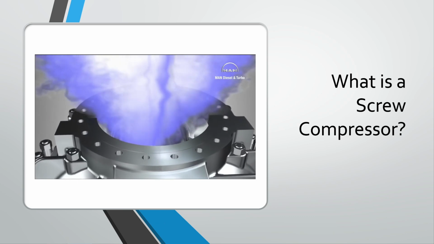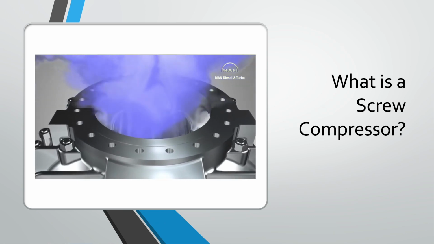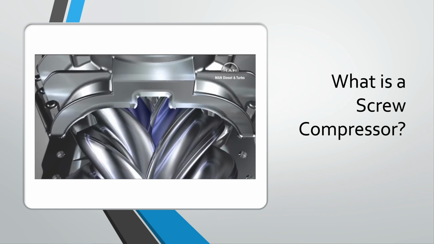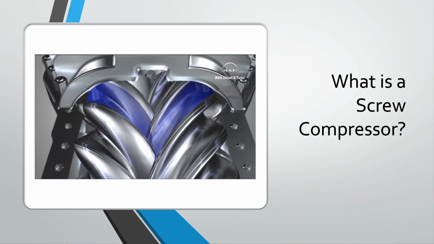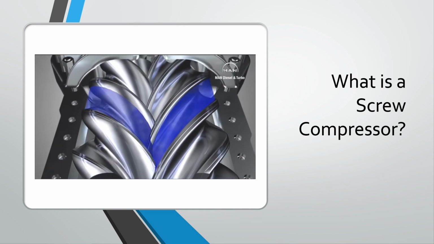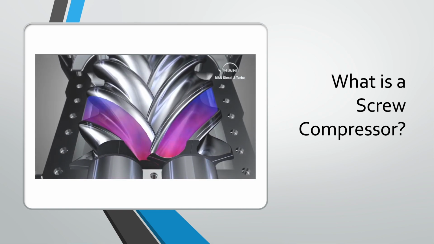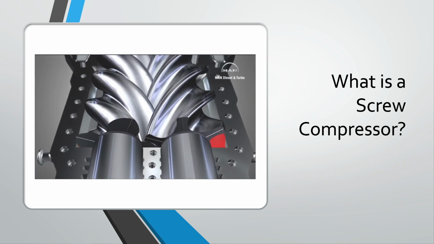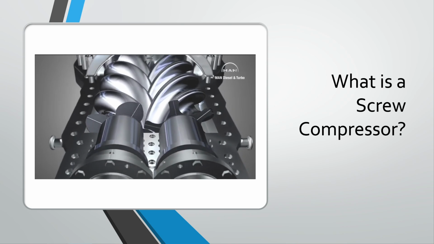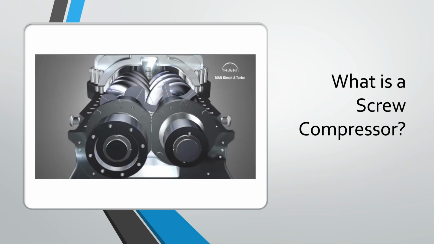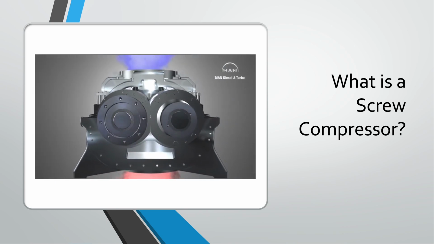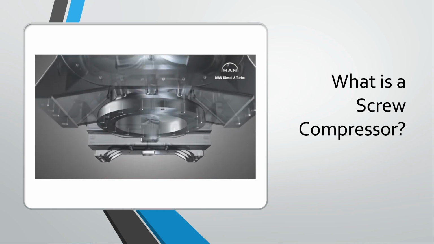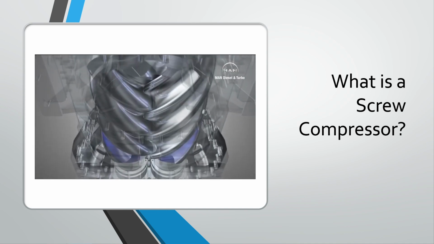To understand the compression process better, let's look at an individual chamber. It enlarges, is filled with gas, and then closed by a circumferential edge in the casing. The rotors now transport the gas to the discharge side, where the chamber shrinks and the retained gas is compressed. Let's view the process again, this time from below.